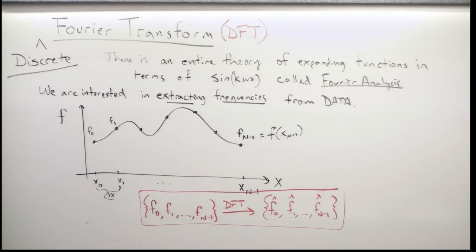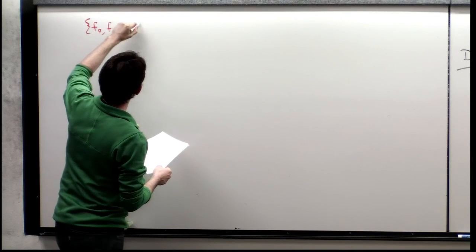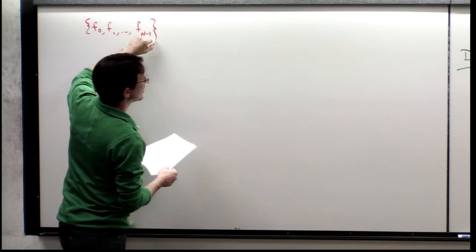And again, before I tell you exactly what those frequencies mean, I'm going to write up the formula that we use to obtain them. On a new board, we have our data f0, f1, dot, dot, dot, fn minus 1.